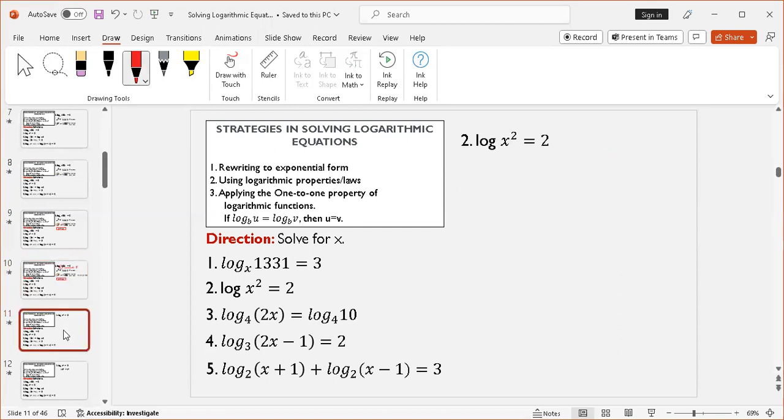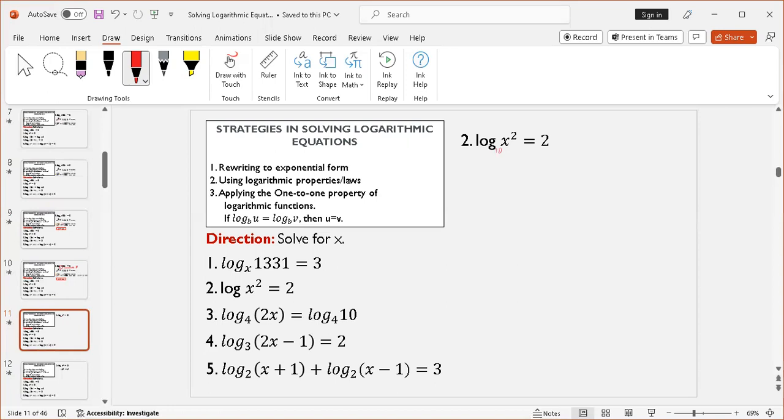Let's proceed with example number 2. So we are given log of x squared to the base 10 equals 2. Nasabi kong 10 yung base nito kasi it is called the common logarithm wherein the base is 10. Pero omitted na yung base na 10.